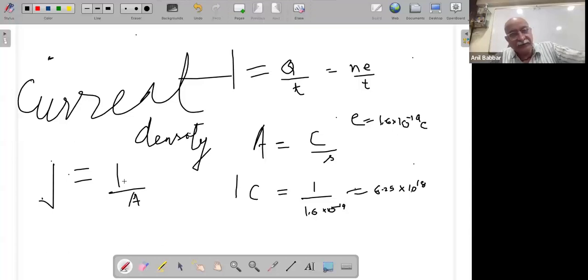Current density is a vector quantity, and its direction at a point is the direction of motion of the positive charge at that point.